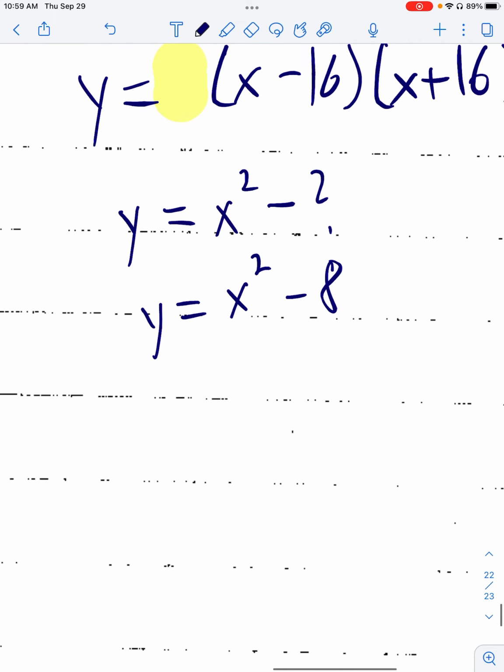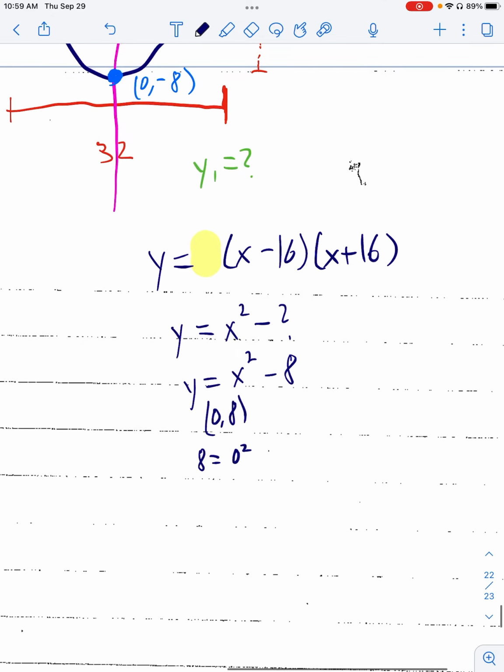We want this to end up being the expanded equation for our parabola, because the point (0, -8) will be on it, because negative 8 equals 0 squared minus 8.